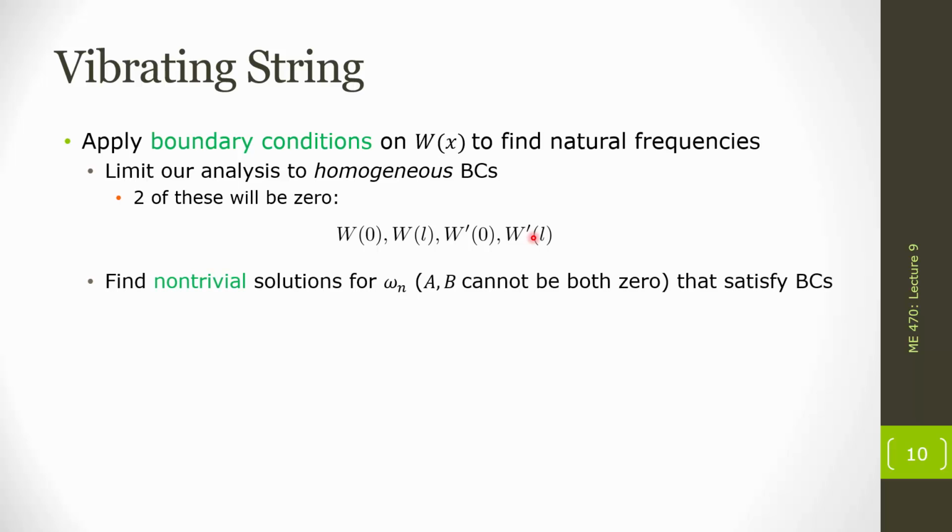We'll see in the example how we could easily arrive at a trivial solution. A trivial solution would mean that both the a and the b constants would be 0, which means that no motion would be taking place in our system. And if we have a vibrating string with initial conditions, we know that cannot be the case. Again, we'll get to more detail in the example problem.